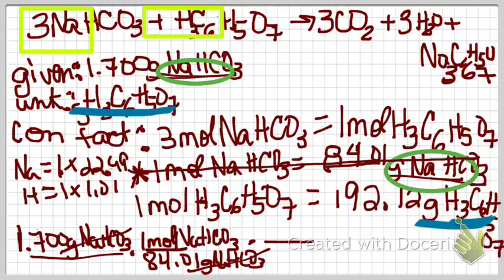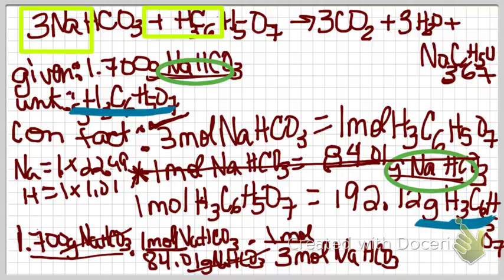Since I have moles of sodium bicarbonate on top and I want to get rid of it, I know I need to use this top conversion factor because it has moles of sodium bicarbonate in it. Since it's on top here, I'm going to put it on the bottom down here. So for every 3 moles of sodium bicarbonate, I need 1 mole of the citric acid.